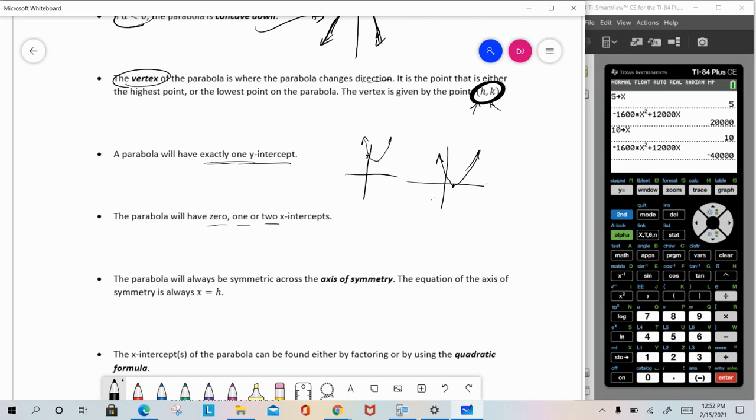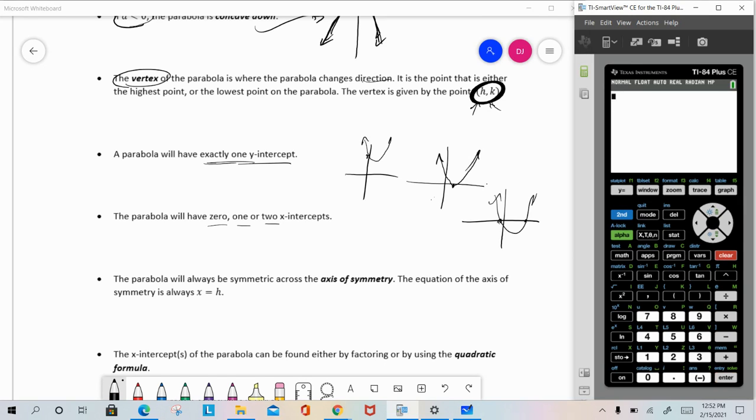It can have one x-intercept. Most normally, we are used to seeing parabolas that look like this, that will have two x-intercepts. So regardless, the parabola is going to have either 0, 1, or 2 x-intercepts.